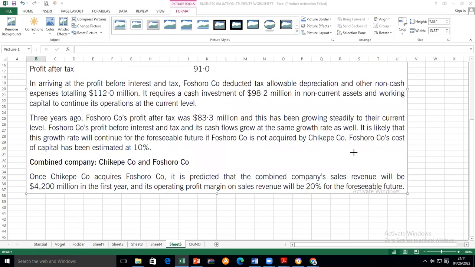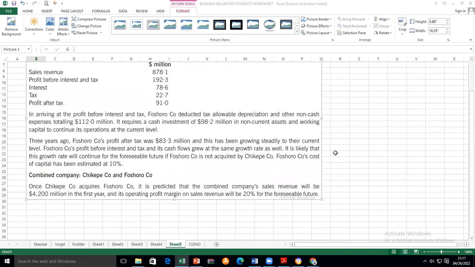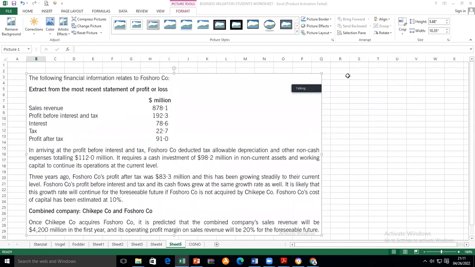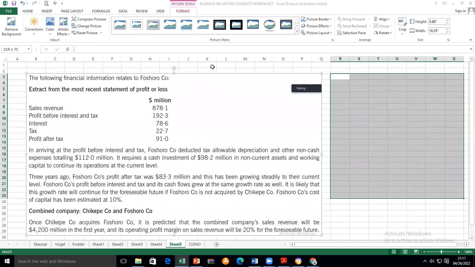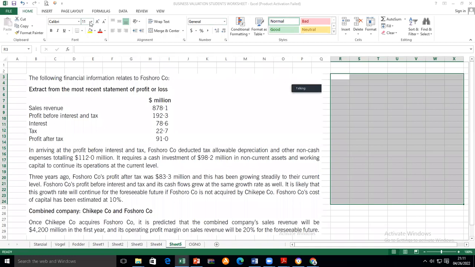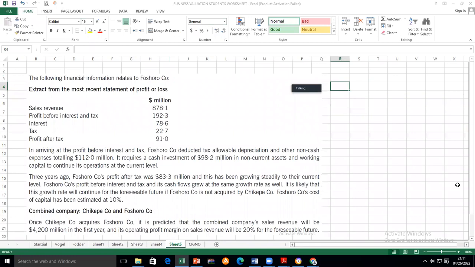So free cash flow computation, what is our starting point?